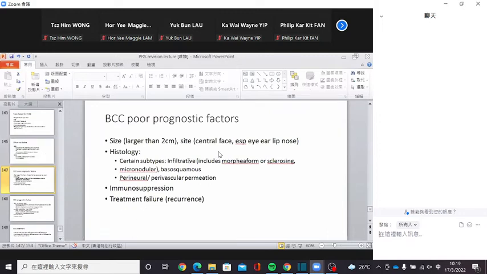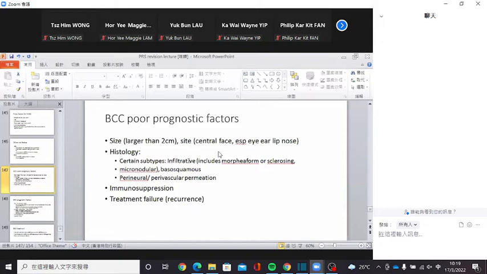For basal cell carcinoma, what are the poor prognostic factors for these lesions? If the size is larger than 2 cm, if the site is over the central face, especially the ear, eye, lip, and nose, if the histology subtype is infiltrative or basosquamous, or if the final pathology shows perineural or perivascular permeation, then these are poor prognostic factors, namely that they could recur more likely.